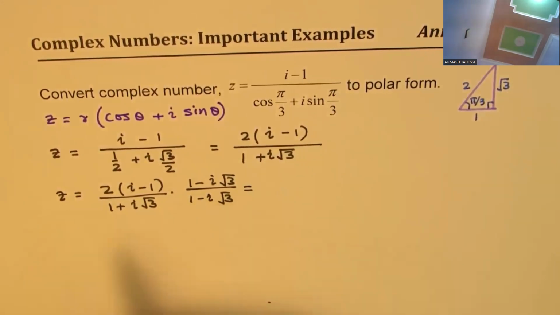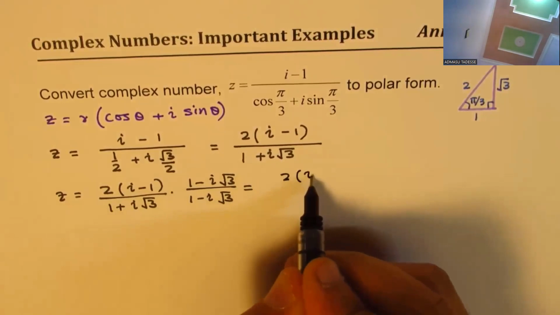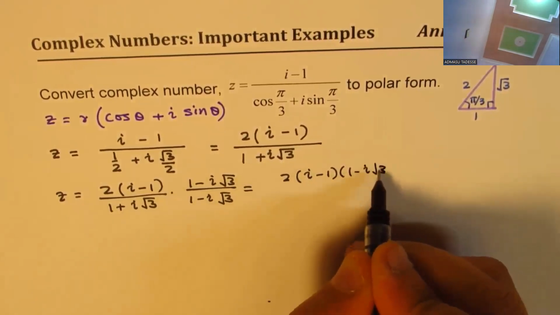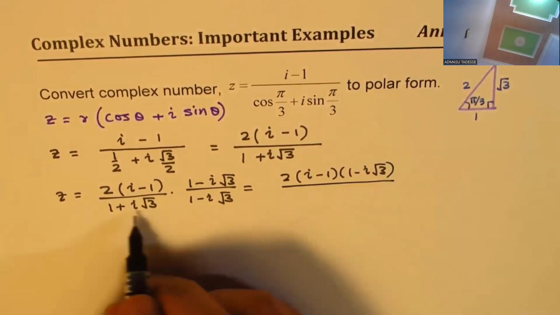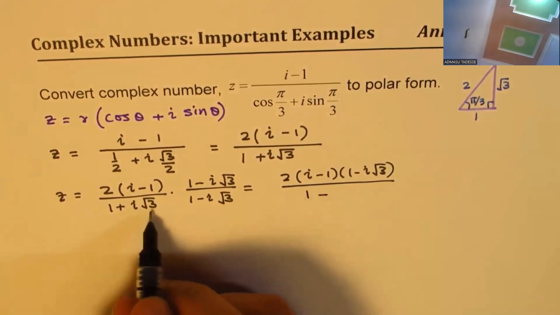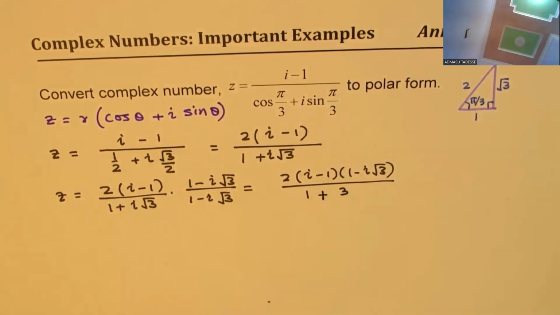So what do you get? In the numerator, we'll get 2 times (i minus 1) times (1 minus i square root 3). And in the denominator, it will be the difference of squares, so 1 minus i squared times 3. Since i squared is negative 1, it becomes positive 1.